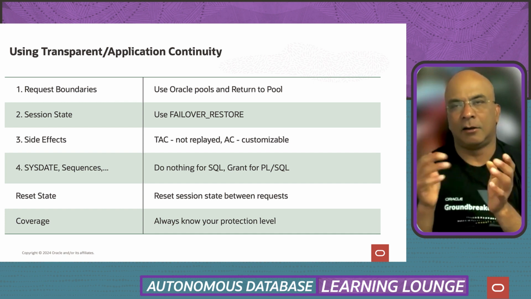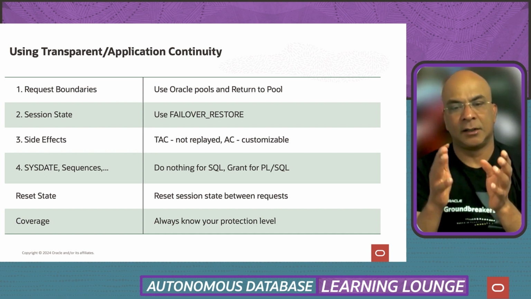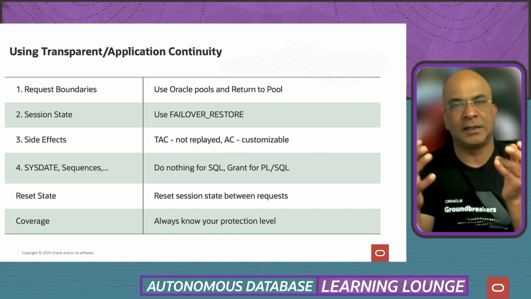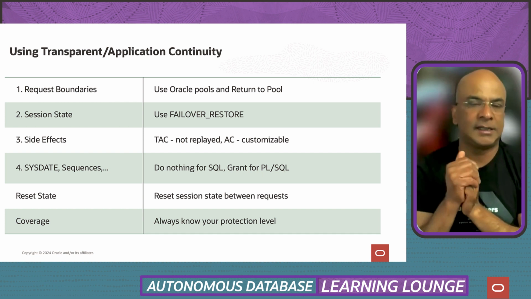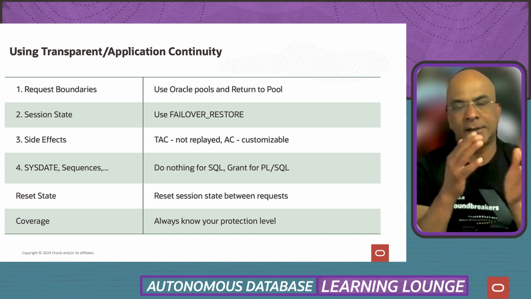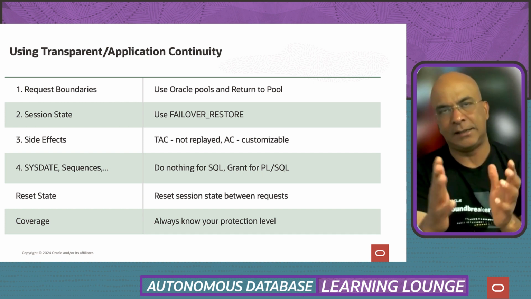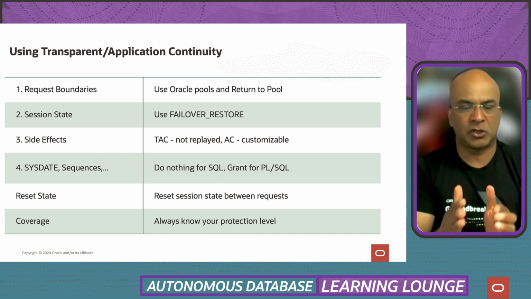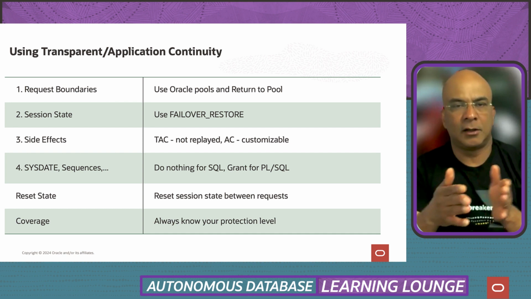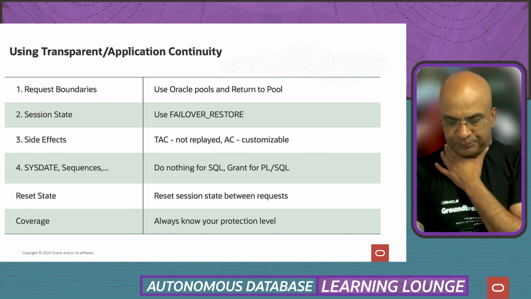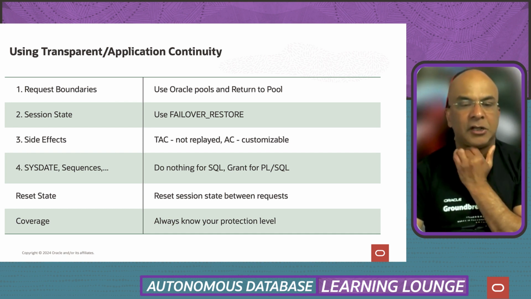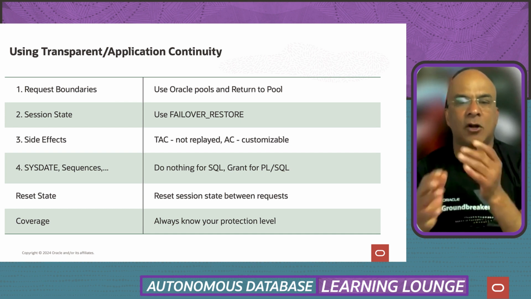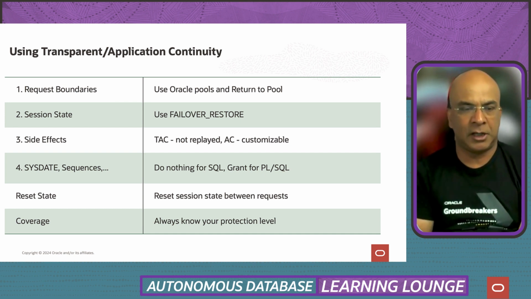Reset state: obviously we need to make sure state is reset between requests. The good thing is with 19c, we do it by default. As you can see, I keep saying with 19c and newer releases, we are overall trying to keep improving it and automating it as much as possible. Finally, coverage. Remember that we may not provide 100% coverage, but we do provide you the tools to find out.